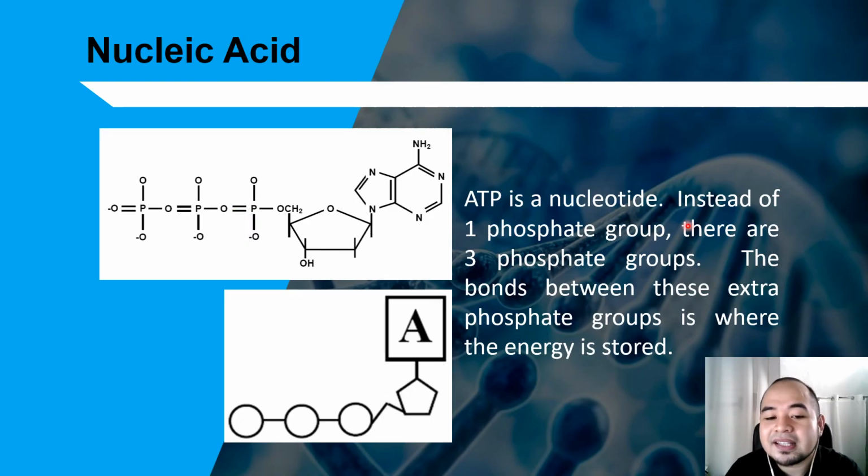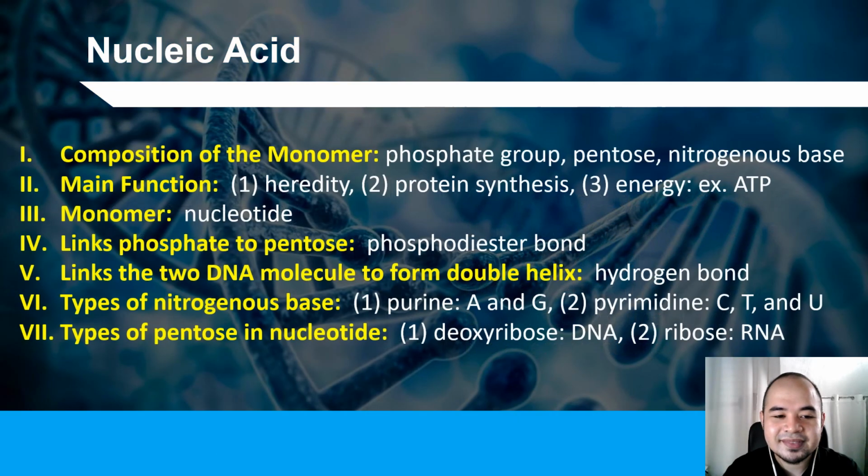So, does this mean that the nitrogenous base can change? Like for example, itong adenine na to, pwede ba itong maging G? Yeah, definitely. It can be guanosine triphosphate, thymidine triphosphate, and cytosine triphosphate. So, that is the nucleic acid.